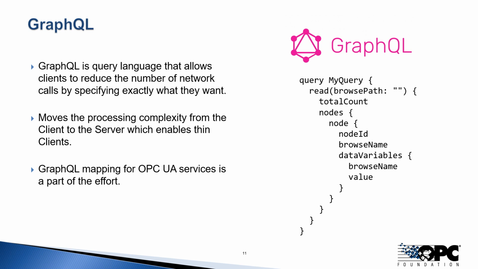Now, one trend which we have seen a lot of applications out there make good use of is the use of structured query languages that allow the client to reduce the number of network calls by specifying exactly what they want.